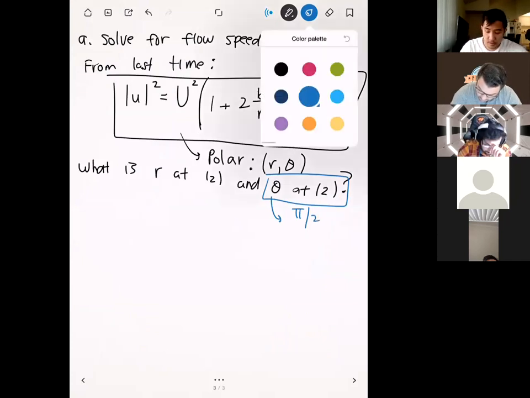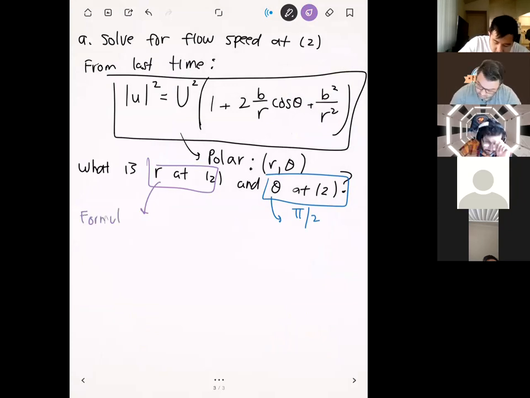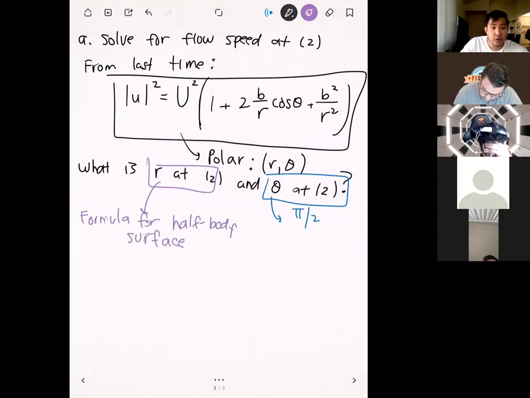Okay. And so to get r, now that we know theta, we can plug into the formula for the half-body surface. So remember, we went over this last time as well. Okay, and so the formula for a half-body surface looks like this. So we have r is equal to b times (pi minus theta) all over sine theta.